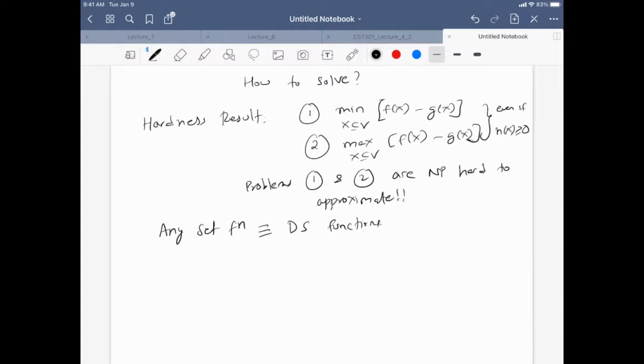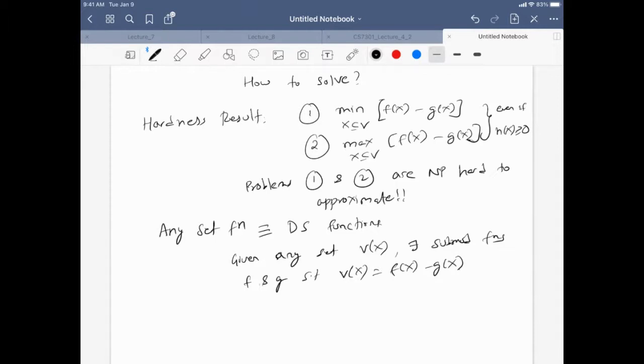What this means is that given any set function v of X, there exist submodular functions f and g such that v of X is equal to f of X minus g of X. So essentially, difference of submodular optimization has the same kind of hardness as general set function optimization, which is going to be very hard.